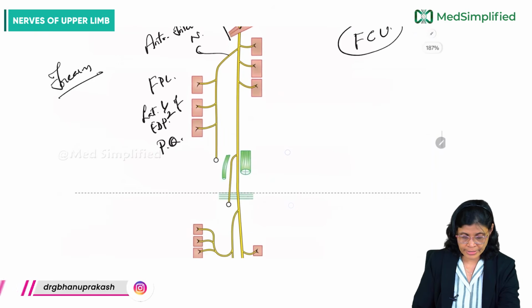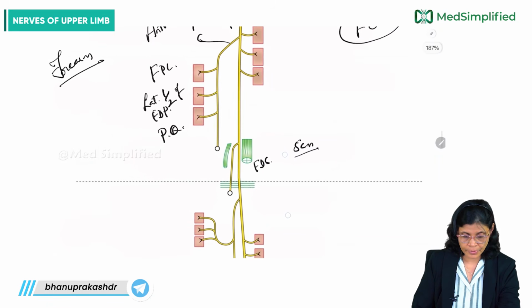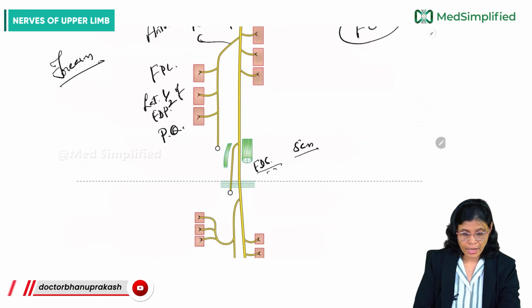About 5 centimeter proximal to the flexor retinaculum, the nerve emerges from the lateral side of the flexor digitorum superficialis and becomes superficial. In the mid forearm, the median nerve will give muscular branches to the radial head of the flexor digitorum superficialis muscle, and after that it enters the carpal tunnel.